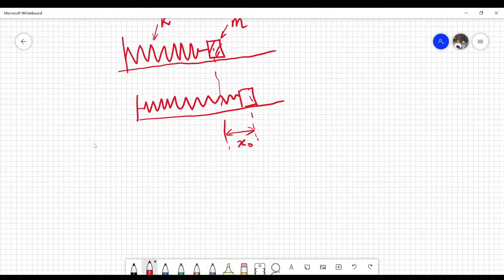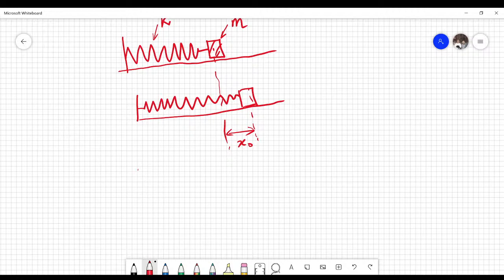When you release the system, it will oscillate back and forth. At some time the position will be some arbitrary x at some time t, but due to conservation of energy, the amplitude, the maximum displacement from the equilibrium point, cannot exceed x0.